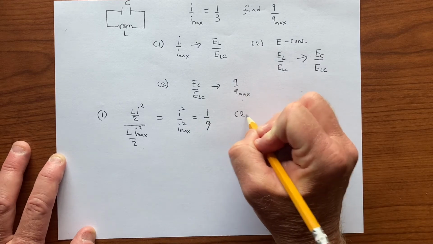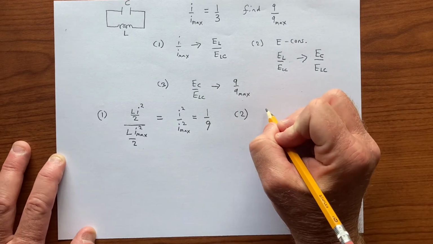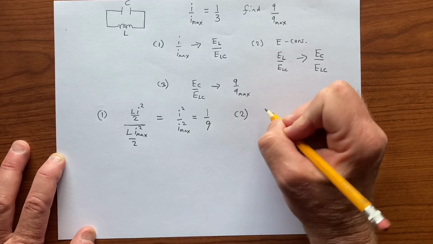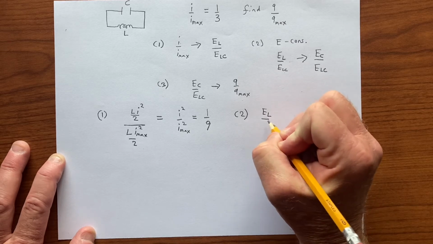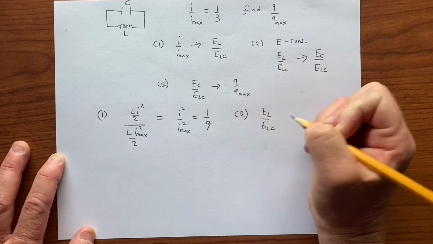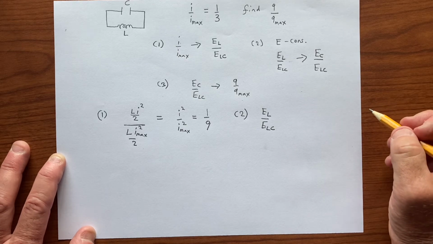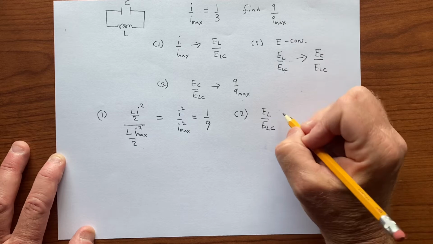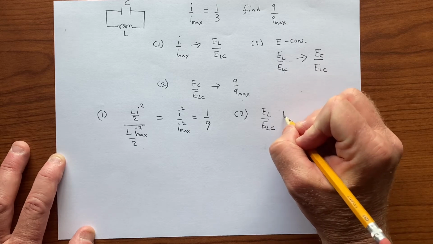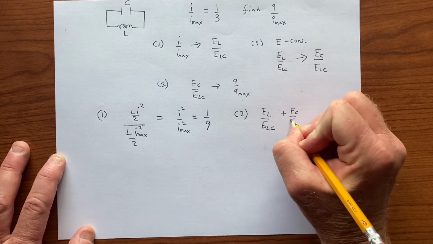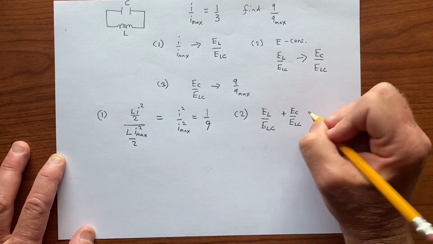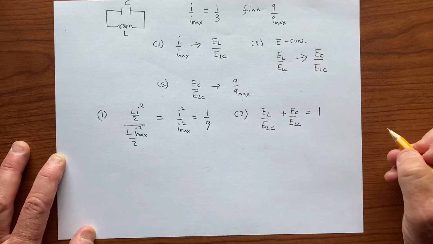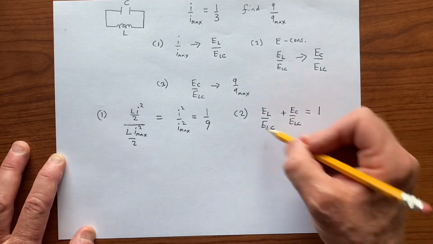So from 2, energy conservation in terms of fractions, EL over ELC, and we don't know what the current is, but we know what the current ratio is. EL over ELC plus EC over ELC. So we need to look at energy conservation in terms of ratios, in terms of pure numbers.